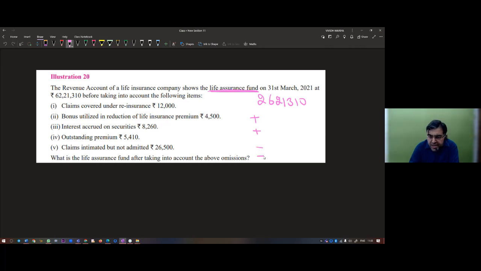For expenditure, the fund will decrease. Claims covered under reinsurance are a benefit. We paid the claim and recovered from reinsurance, and that is a gain. You must be revising the chapter, you know it. Bonus paid, maybe in reduction of premium, but bonus paid will be expenditure.